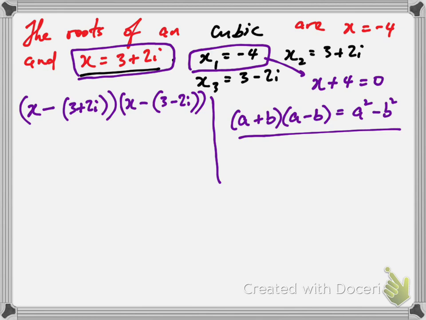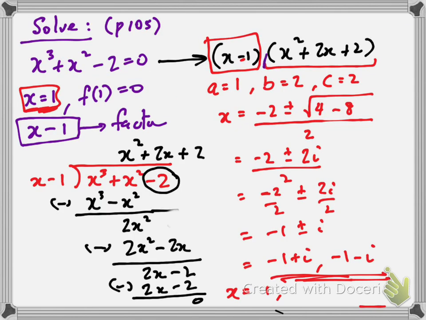And if we expand this, because that's a factor, it's like x minus a times x minus b times x minus c. If we expand this, we should be able to get this bit here.